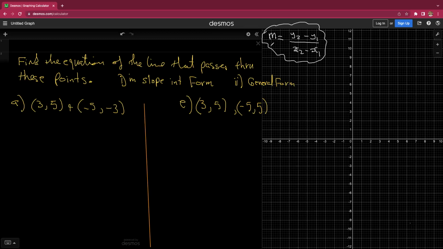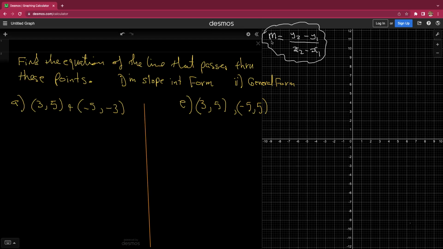Intercept. What is that? Intercept. No. So this equation is an important equation in the linear equations chapter, and it's a very important equation when you're dealing with straight lines.